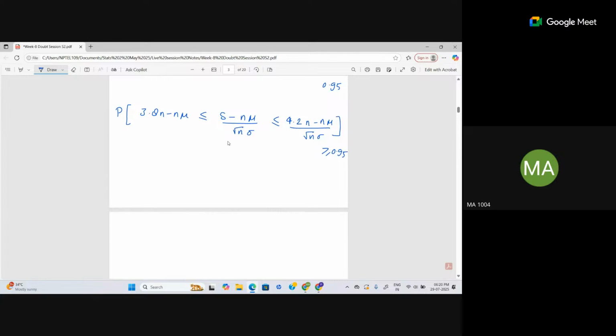Now this quantity will become Z, a standard normal variate, and we can put the values of mu and sigma here.